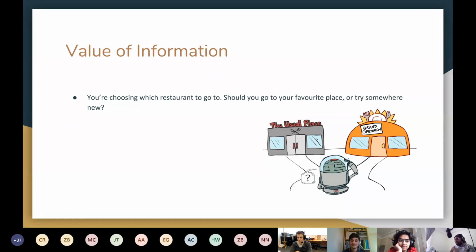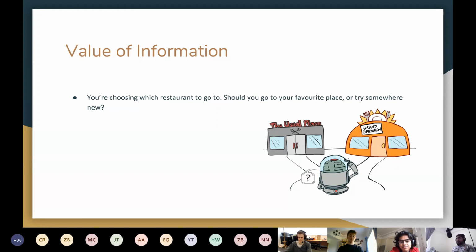This is a surprisingly hard problem, because if the other place is better, this is awesome, you'd love to go there. If the other place is worse, then you don't want to go there. It's probably worse because you know you really like your favorite place, but it could be better, and this is a trade-off.